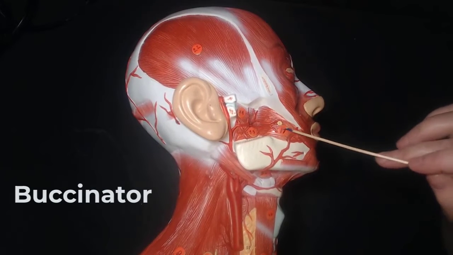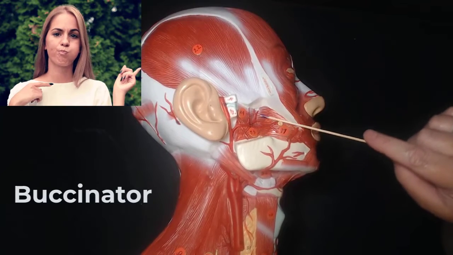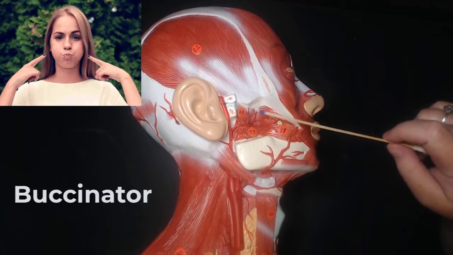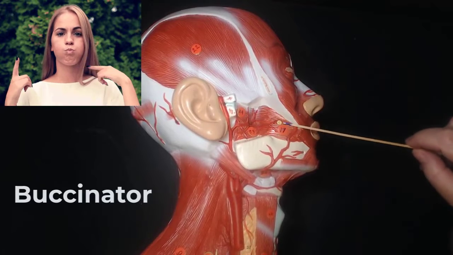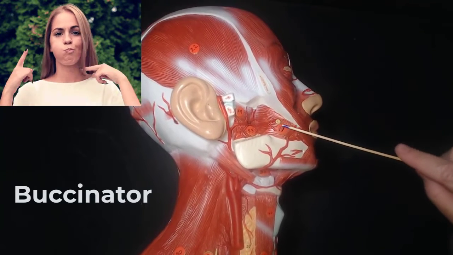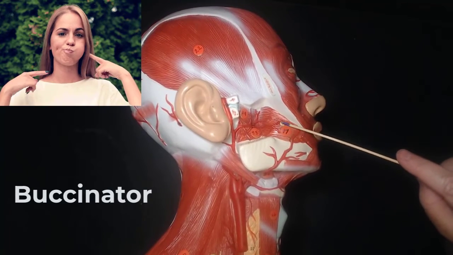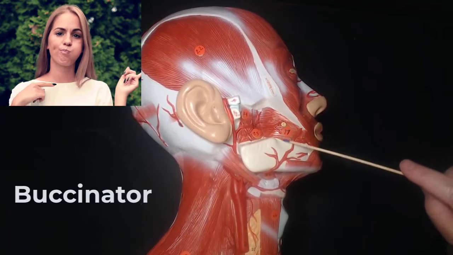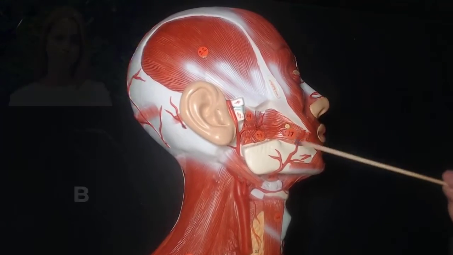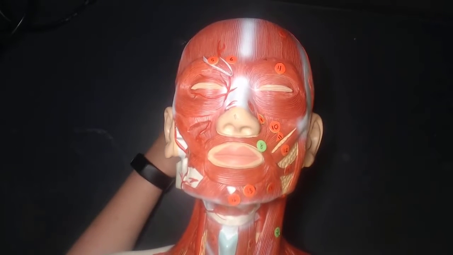And this is the buccinator. The buccinator sits in the cheek, and it's a little deeper. It sits underneath some of the other muscles here. The buccinator does not help you chew, but it helps to hold the food between the teeth so you can chew.